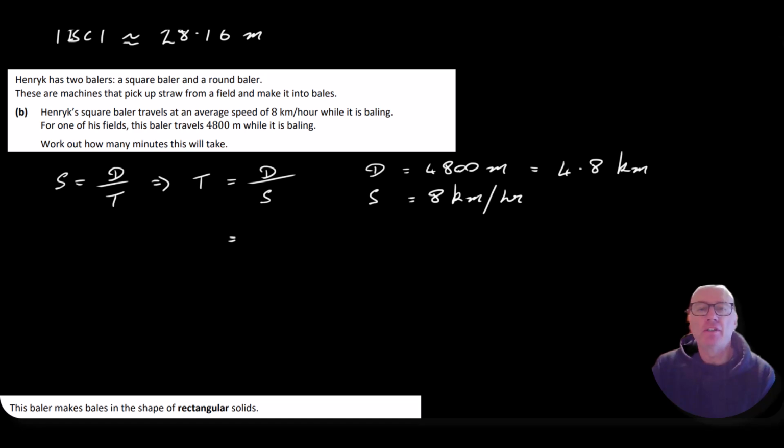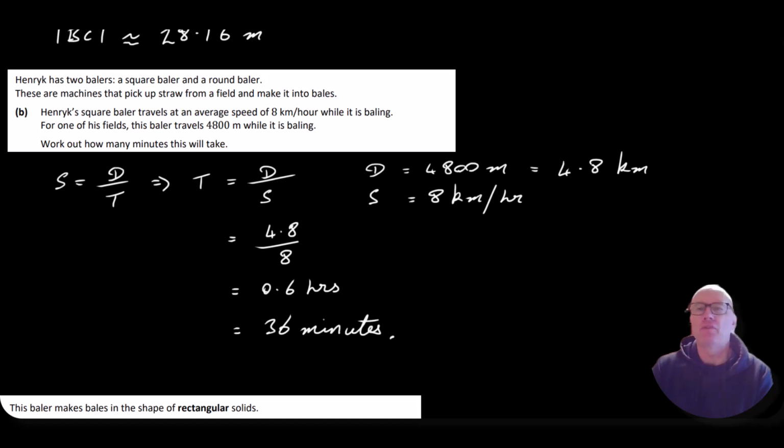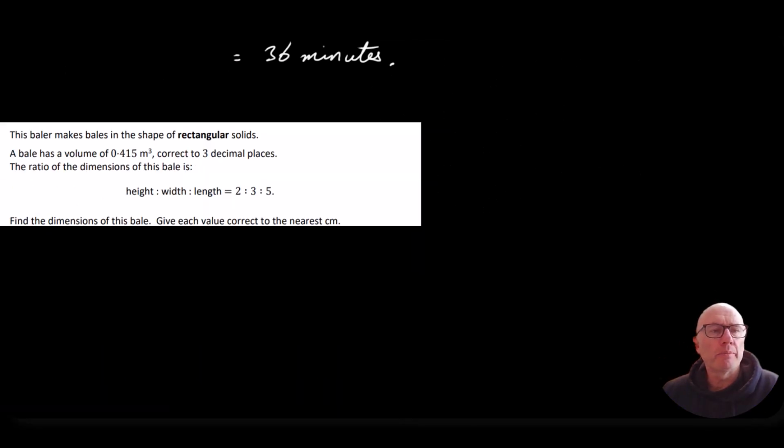We have a distance of 4.8, we have a speed of 8. When you do that, you get a time of 0.6. And remember, we're talking about kilometers per hour here, so this is in hours. The question asks for the number of minutes that this will take. So we've got to multiply that by 60, and that will give us 36 minutes. Okay, so fairly straightforward question. Okay, let's look at part C.